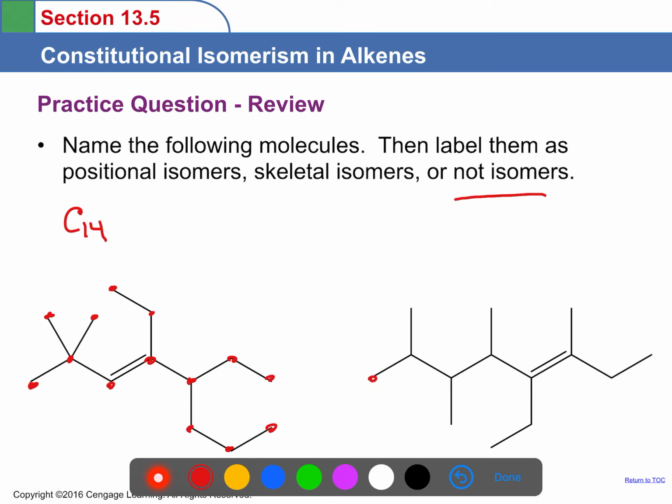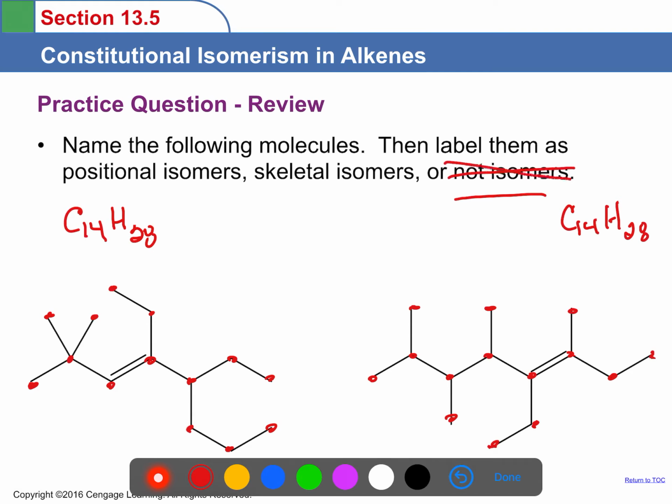The other one, we've got 1, 2, 3, 4, 5, 6, 7, 8, 9, 10, 11, 12, 13, 14. So both have 14 carbons. They both also have 1 double bond, which means it's going to be CnH2n, so that's 28. That's true for both of them. So we have the same formula, so they are going to be isomers of some kind. So we can eliminate that last possibility.